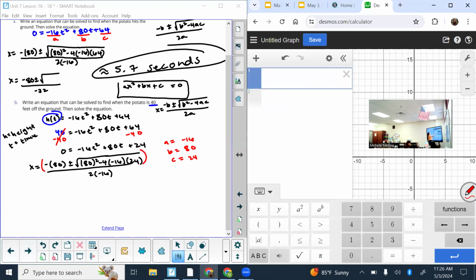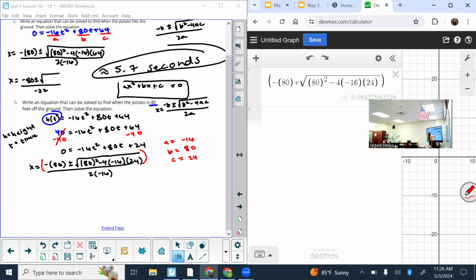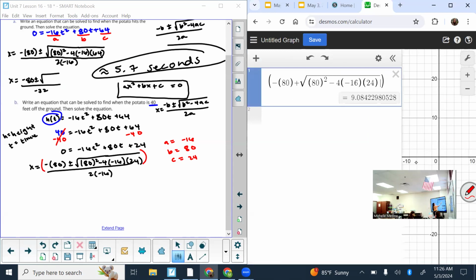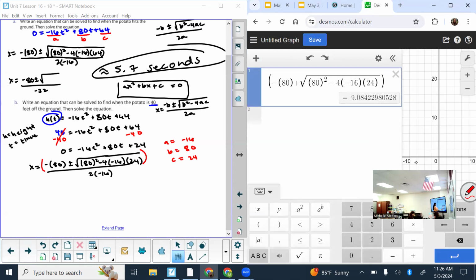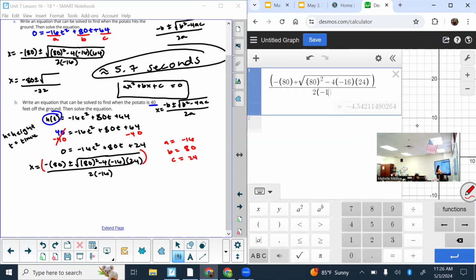Okay, slash to make it all over 2 times a. So you see how that is exactly what is on my paper? I even put the parentheses and everything. If you don't put the parentheses, it will be the wrong answer.